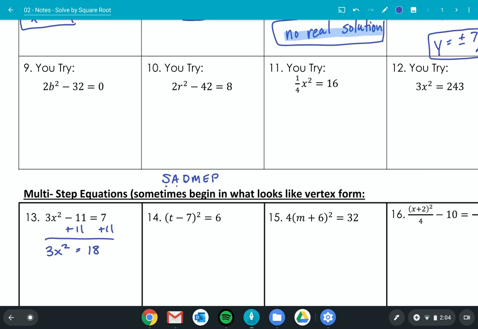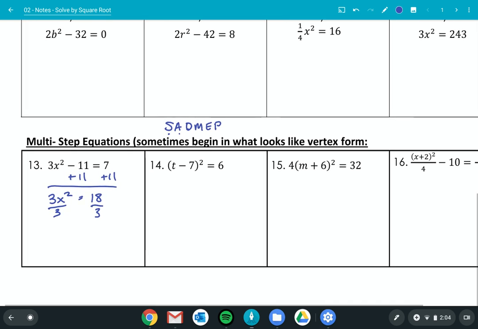Now there's nothing else to add or subtract, but there is something to divide, and I can divide everything here by 3, which gives me x squared is equal to 6. When I take a square root of this, you'll notice that 6 is not a perfect square.